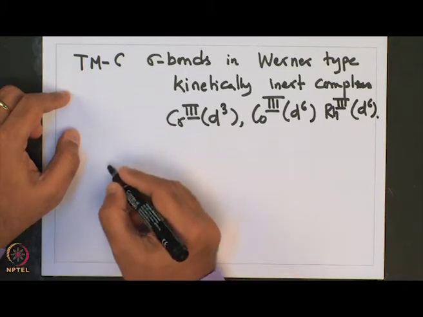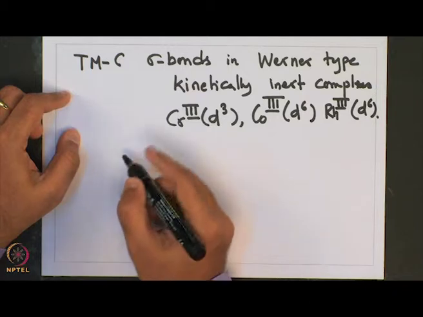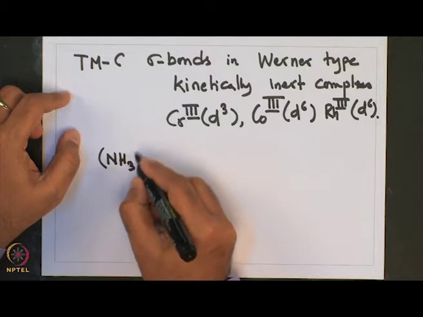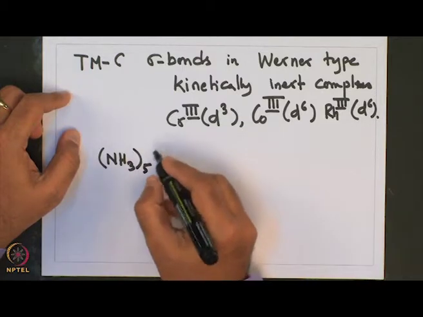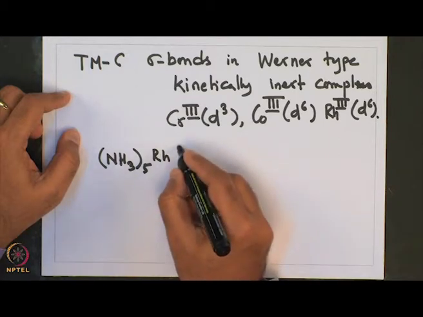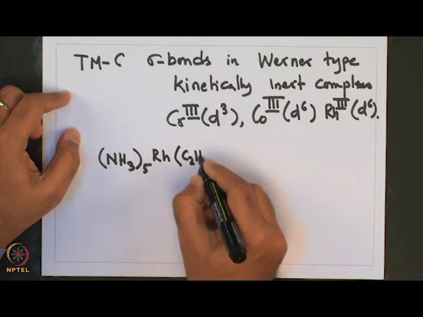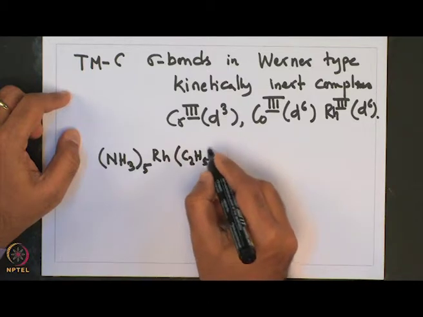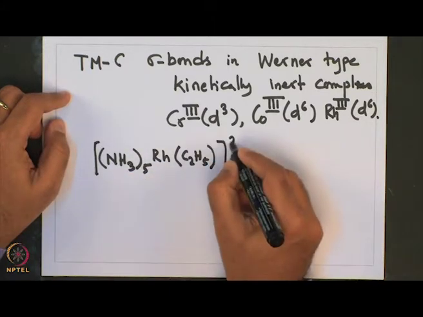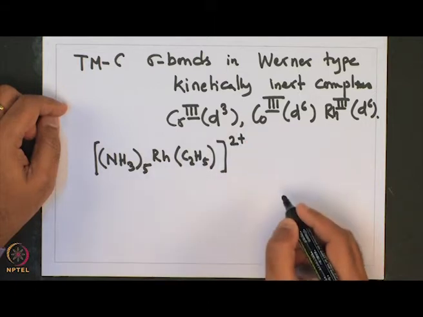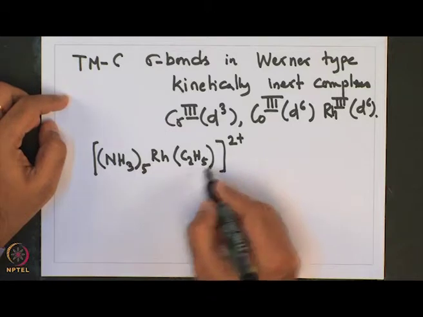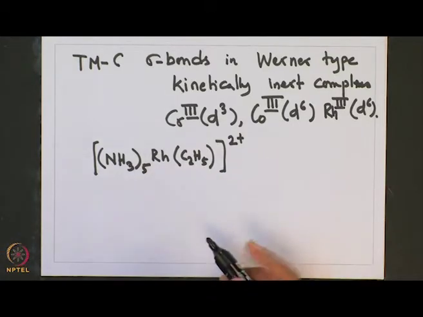For example, for rhodium pentamine 2 plus, where 5 ammonia and 1 ethyl group is bound to the rhodium.